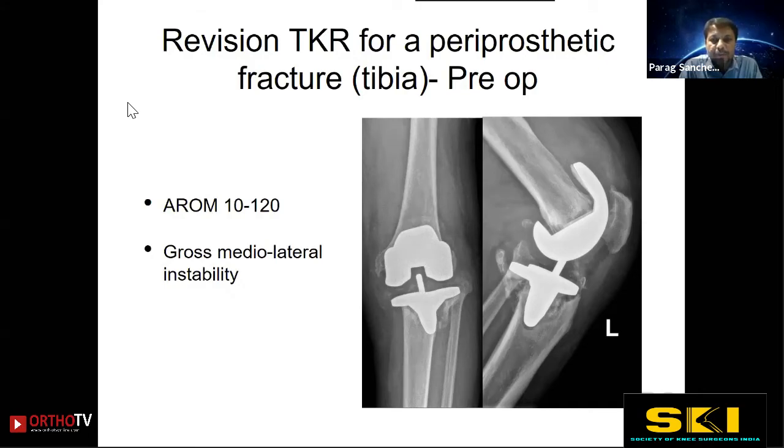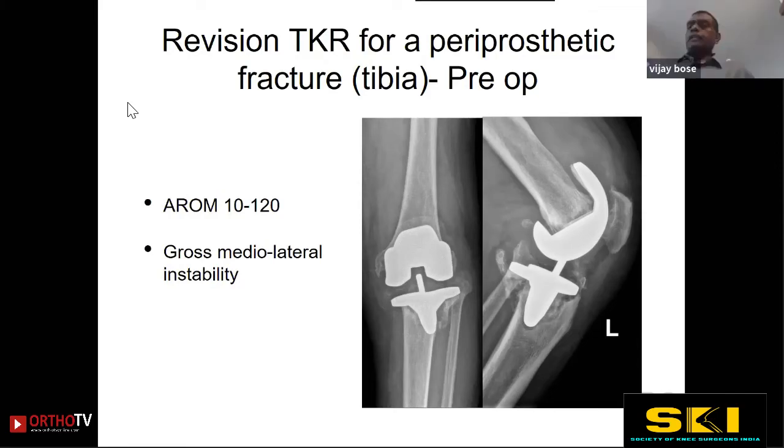Sure. Great. Any other comments from any of the other panelists? Looking at the extensive. Sorry, Vijay, go on. Yeah. Go ahead. The best part of this is the extensor mechanism seems to be intact, with the tibial tubercle area seems to be okay. I would definitely keep the hinge as a backup. I wouldn't jump to that straight away. Maybe the MCL on the tibial side may be suspect.